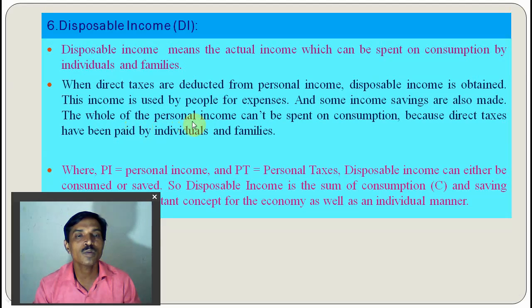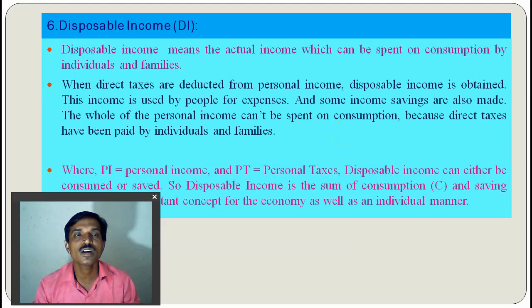The whole of a person's income cannot be spent on consumption because direct taxes have been paid by individuals and families. A person's gross salary is different from the net salary, because direct taxes are deducted from the gross salary, and the remaining income he receives in hand is spent on his consumption.